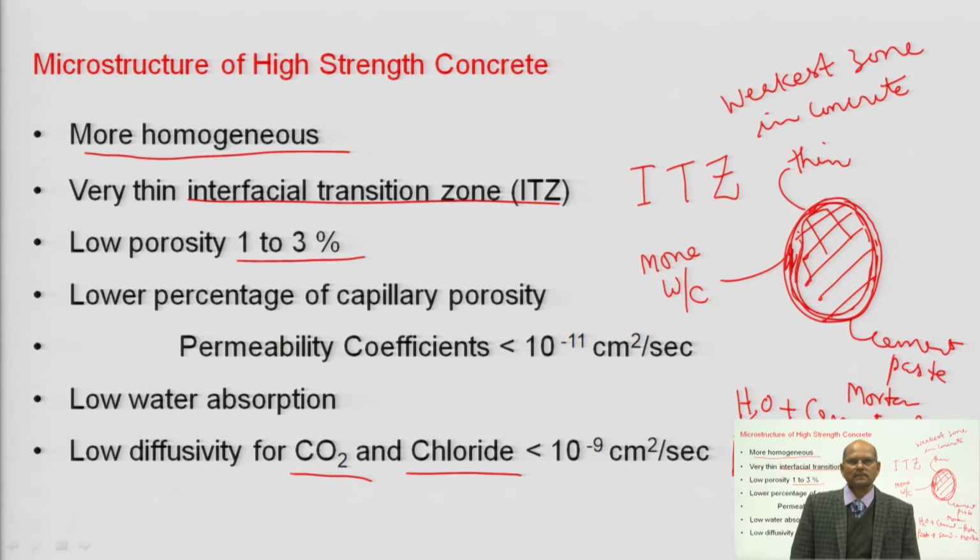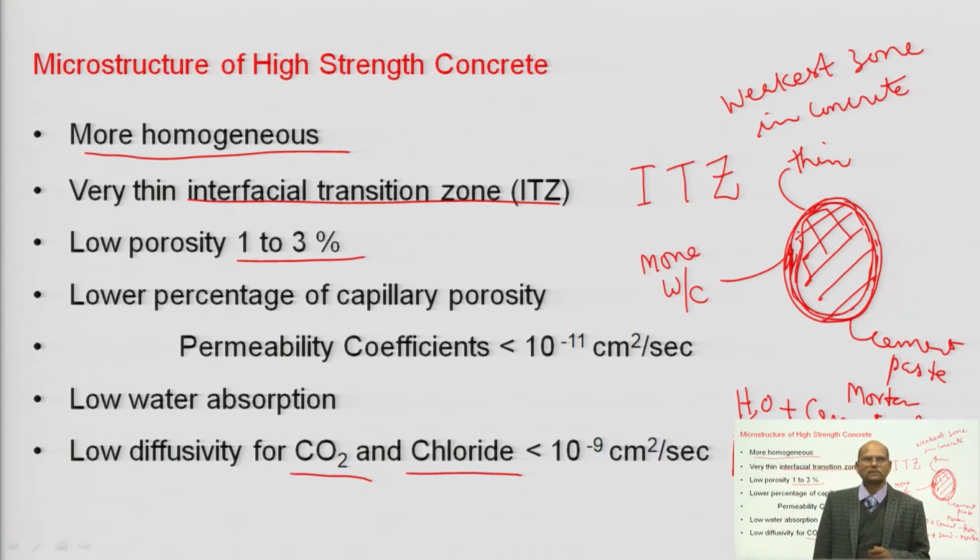And similarly, if water absorption is less, then ingress of air as well as moisture will be less. So, corrosion will not take place, and a corrosion cell will not develop on the reinforcement. So, that is very, very important for high strength concrete.